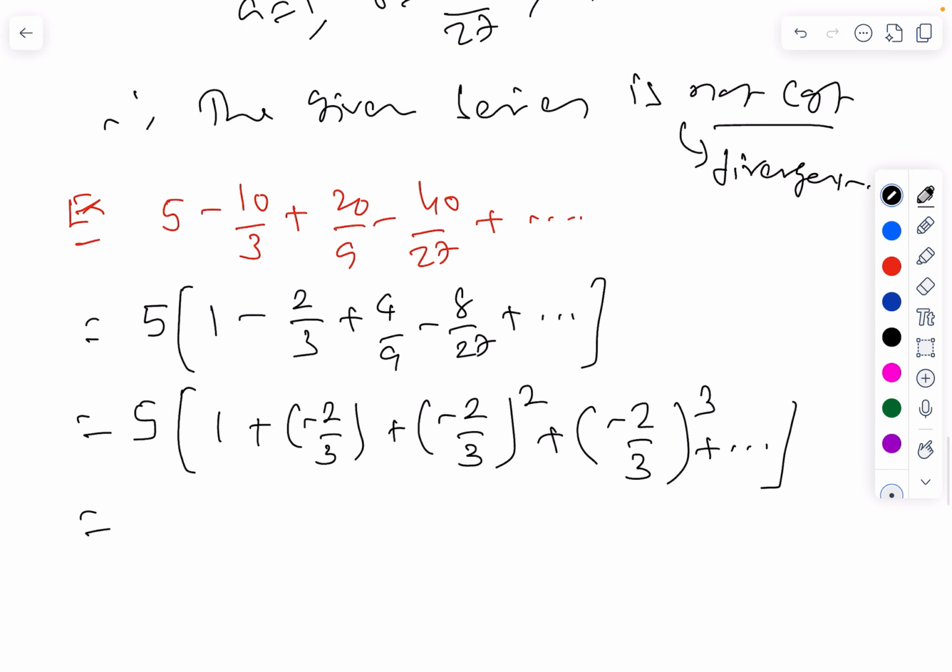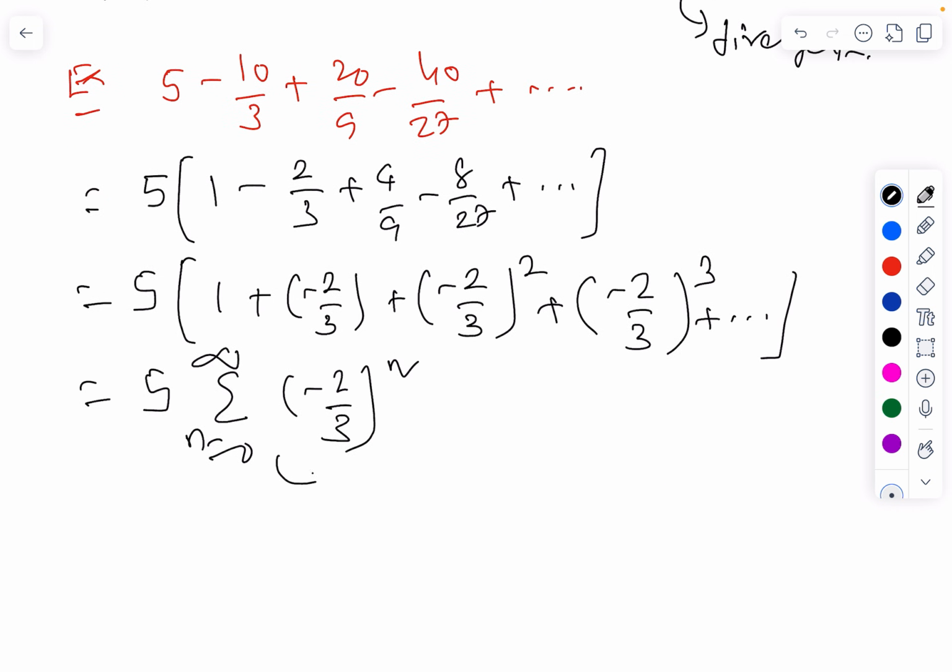Okay, so this is nothing but 5 series n equal to 0 to infinity minus 2 by 3 power n. Understood? And now this is a geometric series.